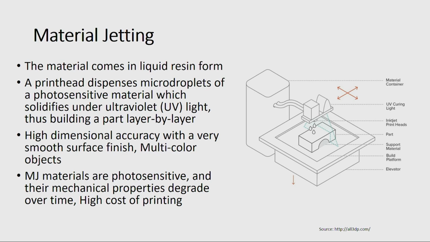So, instead of the laser pointer in an SLS 3D printer, the 3D printer will use a glue to bind material together, that is called a similar technology as the material jetting.